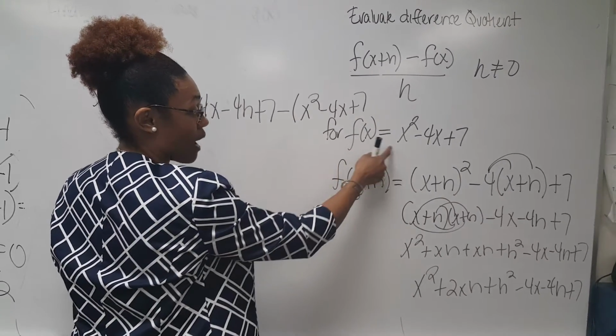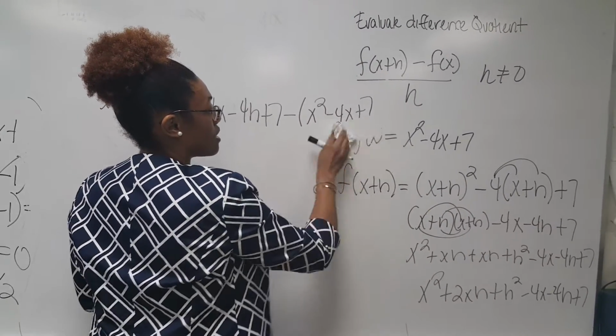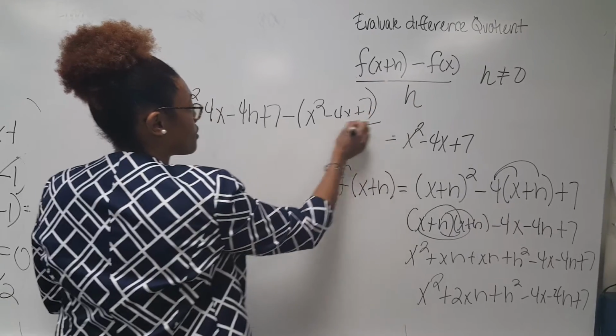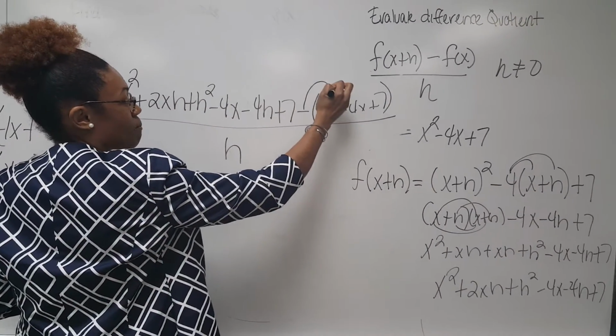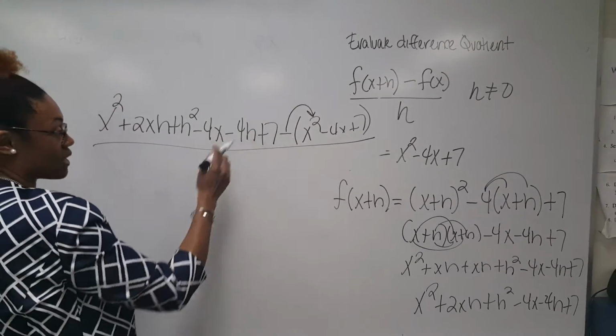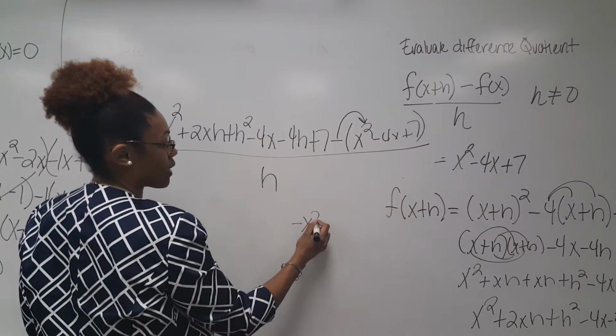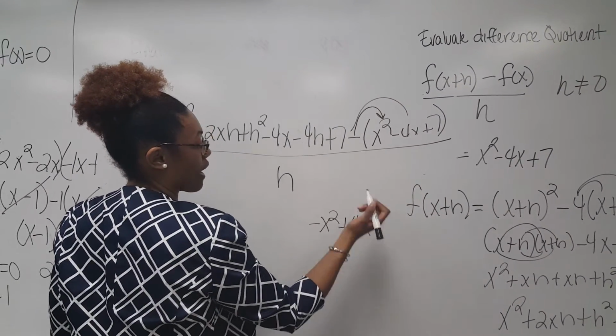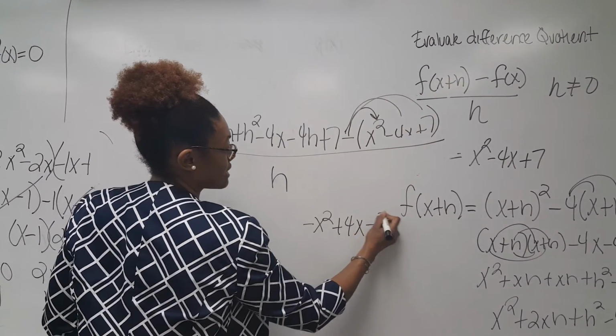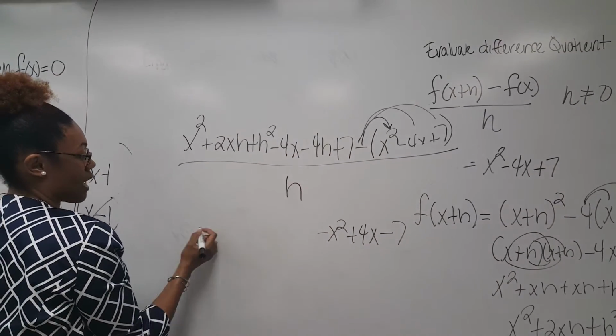Because again, that's my original f of x, all over h. Well, don't forget to distribute your minus sign, this would now give me a negative x squared, a positive 4x, and a minus 7. And then bring down what you had before.